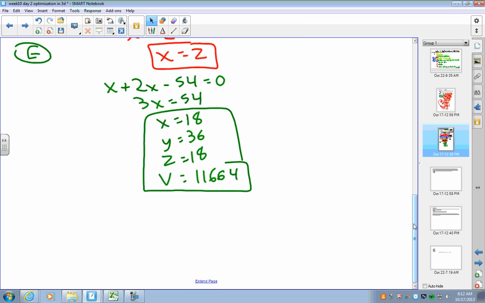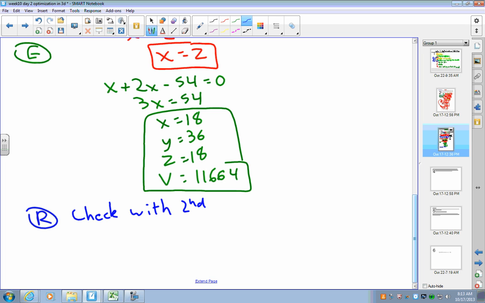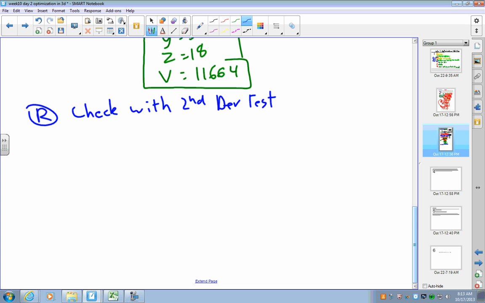And the last part I want to check is making sure I found a maximum. Okay? So you can do this by checking with the second derivative test, the Calc 3 style. Okay? So Vxx would be minus 4z.